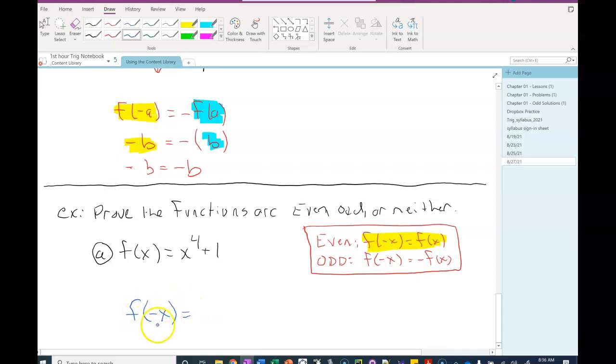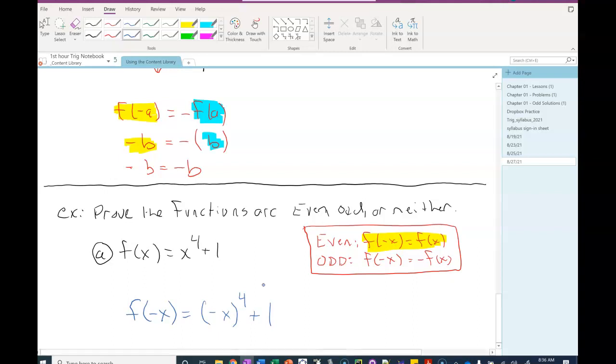Okay, so when I plug something into a function notation, that means that it's going to replace all of the x's with whatever we plugged in. So I'm going to replace all of my x's in my function with negative x's. Everybody's okay with that? Okay.